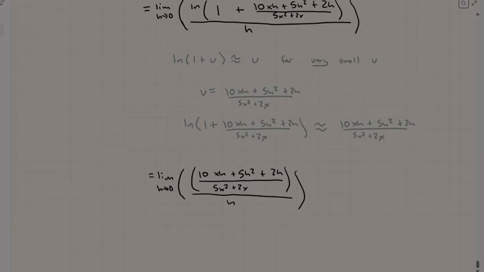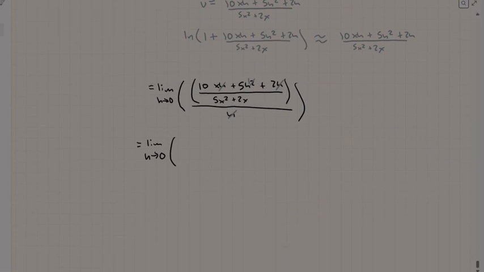All right. Now, since we have an h here and an h there, it'll all cancel away. And so we're left with the limit as h is approaching 0 of 10x plus 5h plus 2 over 5x squared plus 2x.